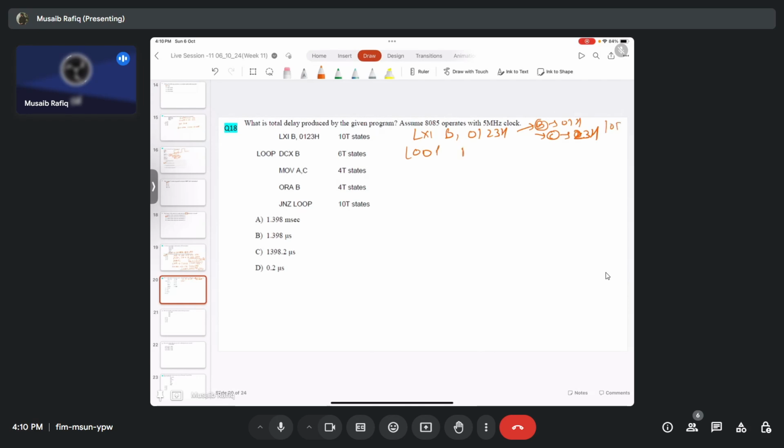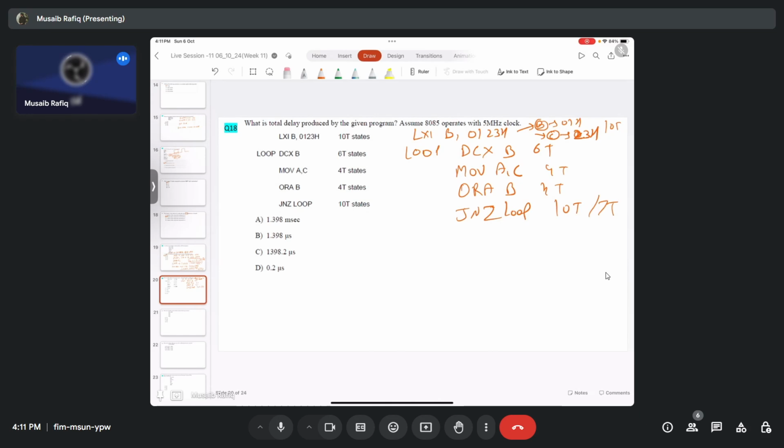Loop: DCX B takes 6 states, so it will decrease the content of B. Then MOV A, C takes 4 states, so content of C gets loaded in A. ORA B takes 4 states, and JNZ loop takes 10 T, and it's 7 T when the condition is not met.